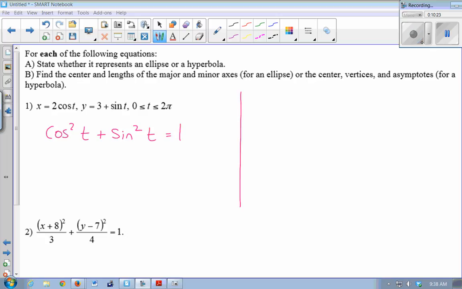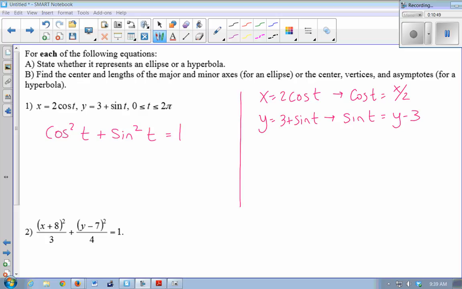So instead I'm going to say, well, what's cosine? If x is 2 cosine t, I'm going to solve for the cosine of t. Cosine of t is x over 2. And then y is 3 plus sine t, so that means that sine of t is y minus 3. Solve for the cosine and the sine, and then replace them in the Pythagorean identity.